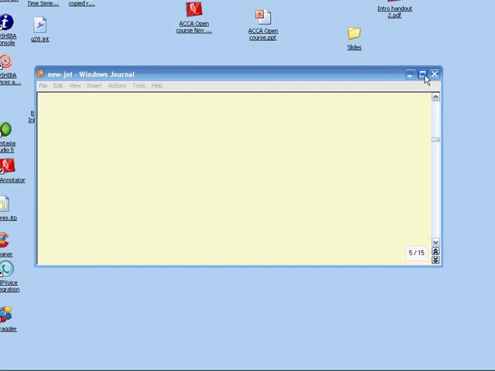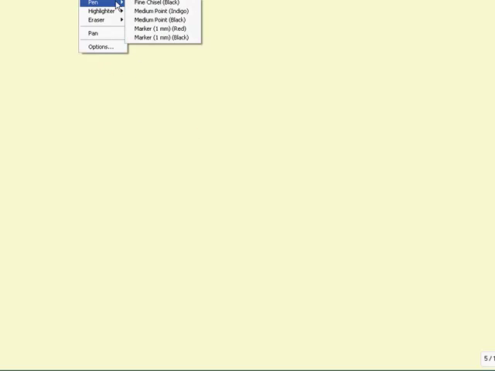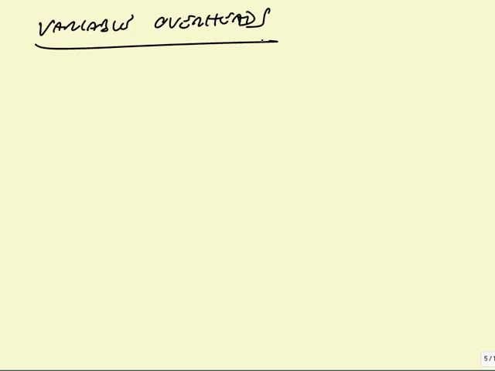Variable overheads. Just a couple of things here. First of all, the standard cost is 6 hours at $2. It's $12 a unit. If he does have variable overheads, then always they'll be charged on an hourly rate, like the cost card.